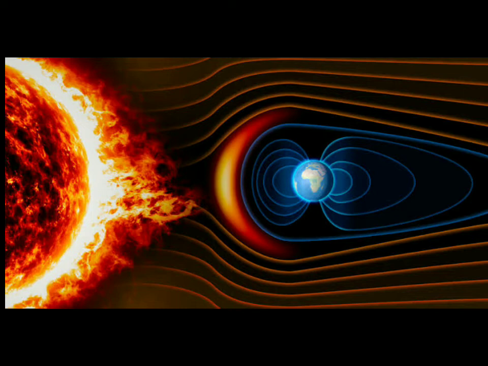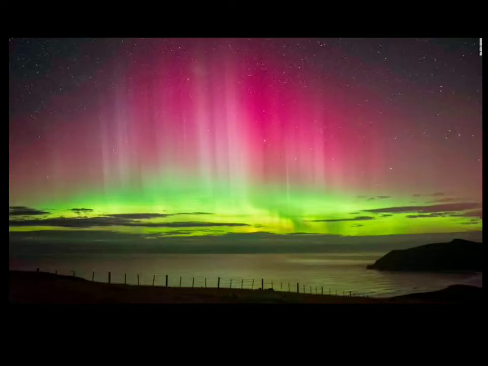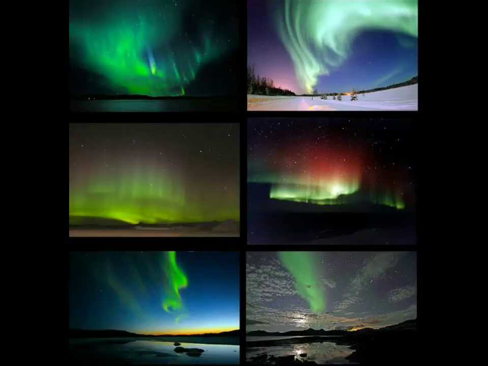Hence, this magnetic field is very important. And the presence of this magnetic field also causes the auroras that we see at the North Pole and the South Pole, what we call the northern lights or the southern lights. The beautiful lights that we see at the North Pole and South Pole are because of the presence of the magnetic field.